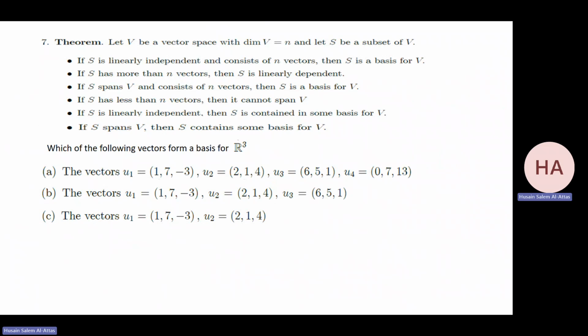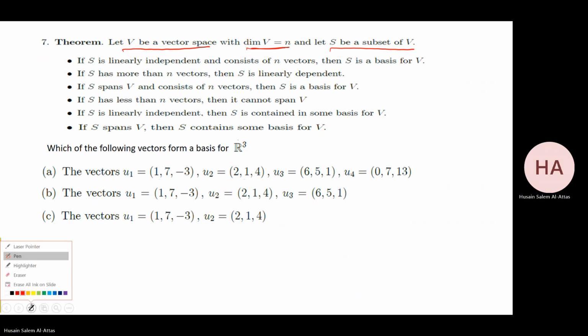Yeah, this theorem is a very nice theorem. We need to understand it. If you have a vector space V and the dimension of V is equal to n, I have a subset S of V. Think about it this way. If S is linearly independent and consists of n vectors, let me take these two. Only these two.